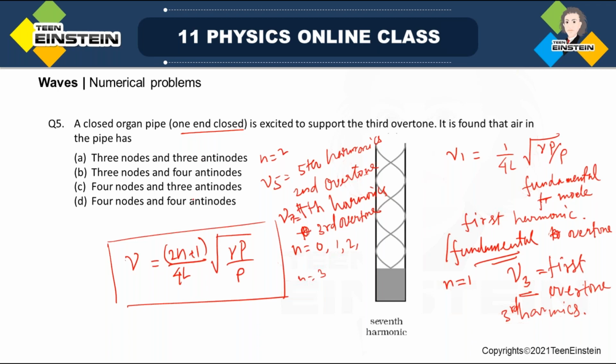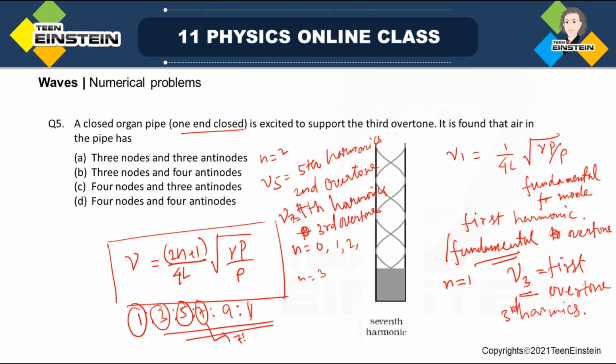So in this case, odd harmonics are present, like 1 is to 3 is to 5 is to 7 is to 9 is to 11. This is how harmonics are present. So this is called the fundamental note. This is called the first overtone. This is called the second overtone, and the seventh is called the third overtone.